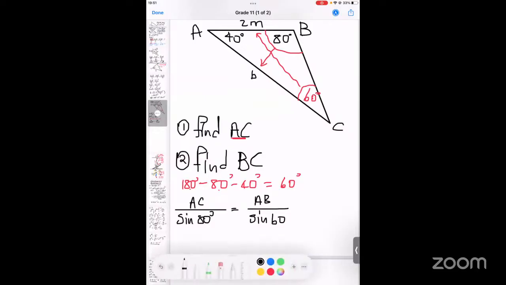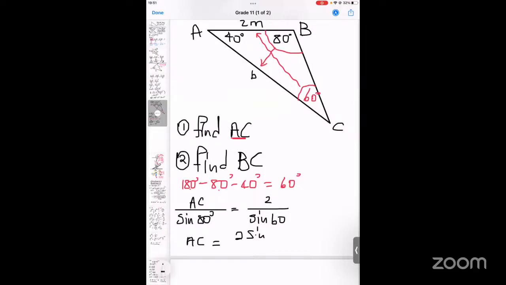Side AB is given to us as 2. So AC equals 2 sine of 80 degrees over sine of 60 degrees. That's how you easily get your answer for that one.